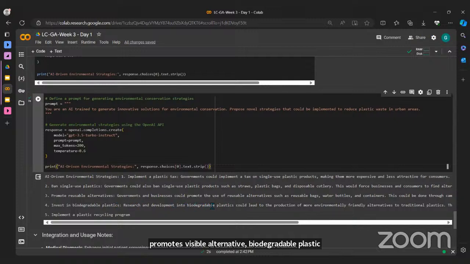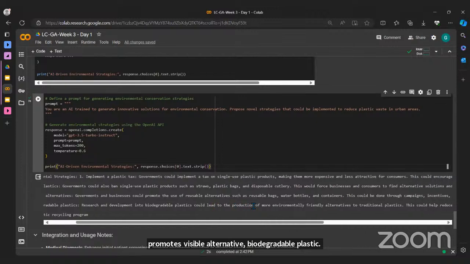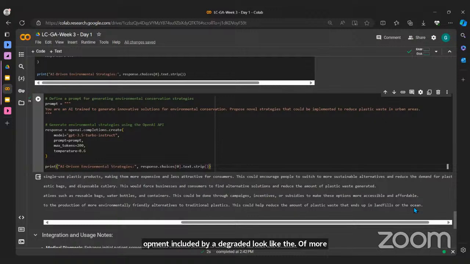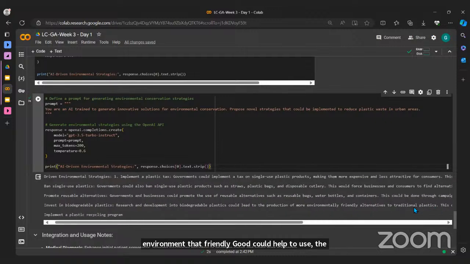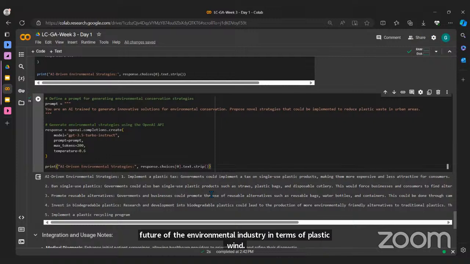Research and development into biodegradable plastic could lead to production of more environmentally friendly alternatives to traditional plastics. This could help reduce the amount of plastic waste that ends up in landfills or the ocean. Implement a plastic recycling program. So this is just us looking into the future of the environmental industry in terms of plastic waste in urban areas. All right, so that's all I have in terms of the practical side.